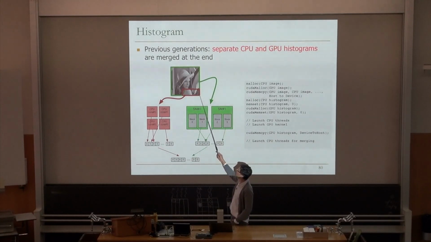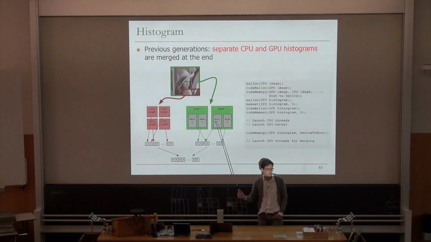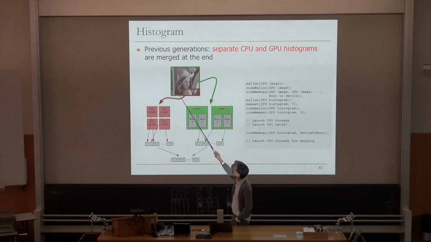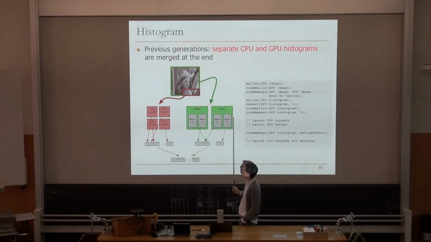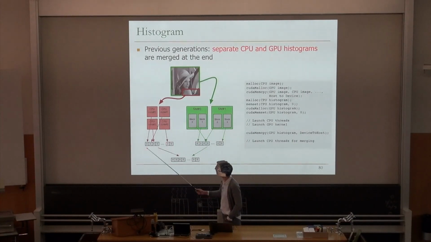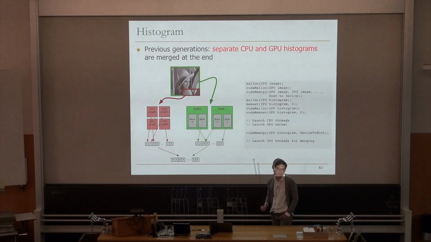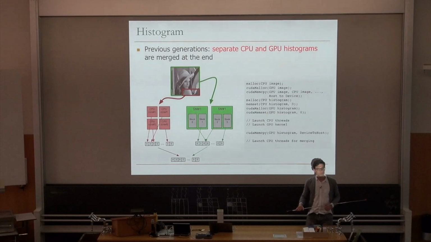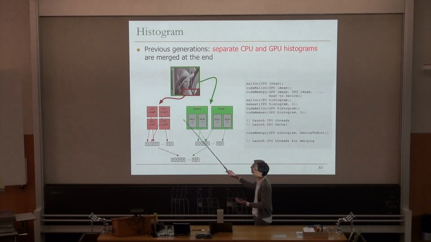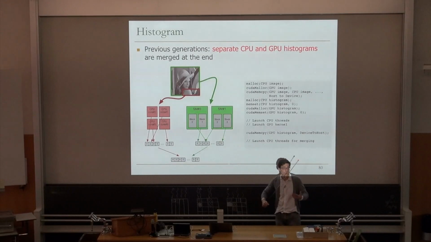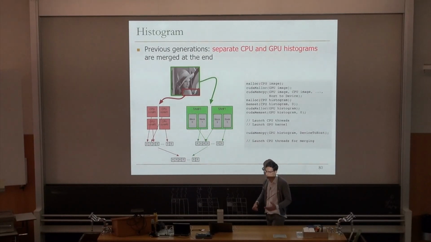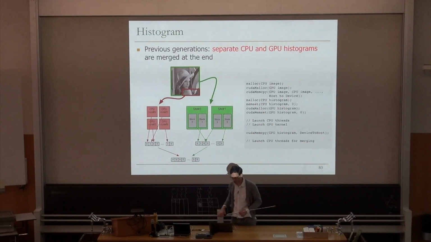Probably we will give the smaller part to the CPU cores because they are going to be slower for this data parallel computation, and the bigger part to the GPU. We will have the CPU threads updating one subhistogram, the GPU threads updating another subhistogram, and then we merge both subhistograms. We might get some performance improvement from doing that, because instead of using only the CPU or only the GPU, we are using more cores, more threads, so more parallelism, and maybe we can get some speedup from that.